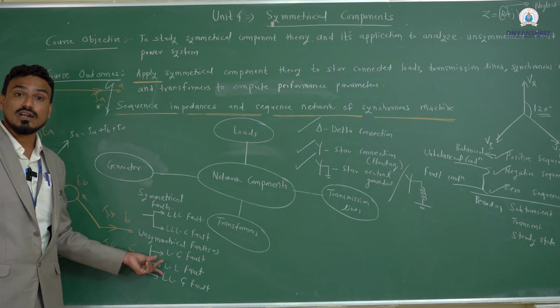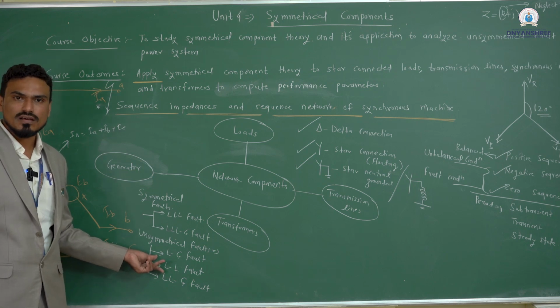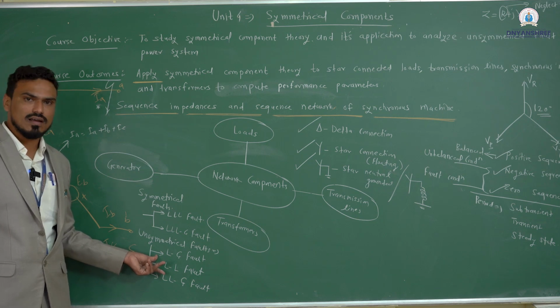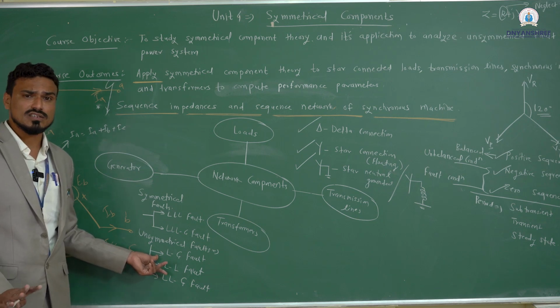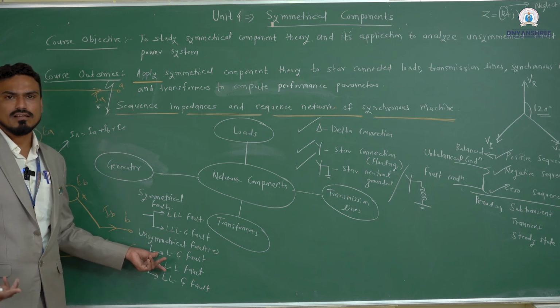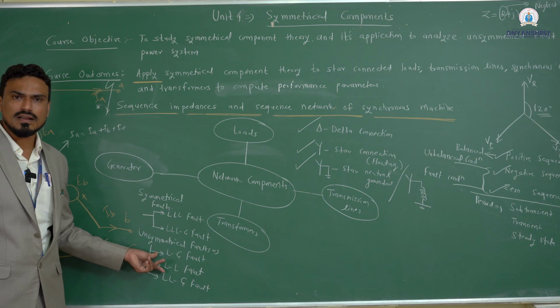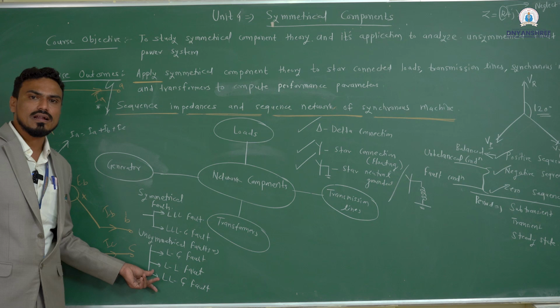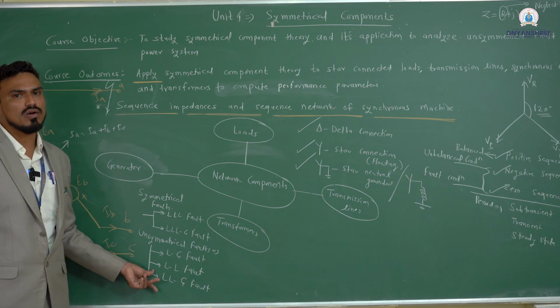The second situation is line to line fault. It means that two phases are under fault and carrying the fault current. The third phase is okay, it's normal. So in that case, it creates an unbalanced situation. The third one is double line to ground fault. It means two lines are falling on ground.